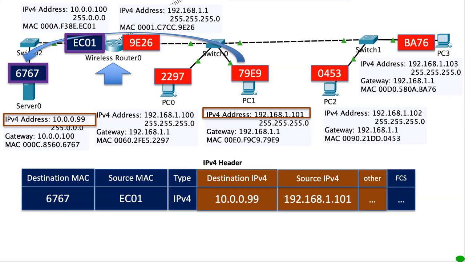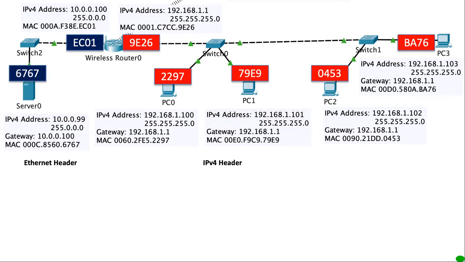Okay, encapsulates the rest of the header and the trailer. And the wireless router now sends this packet from its NIC card to the NIC card of server 0. Notice the IPv4 addresses have not changed, but the source and destination MAC addresses did.